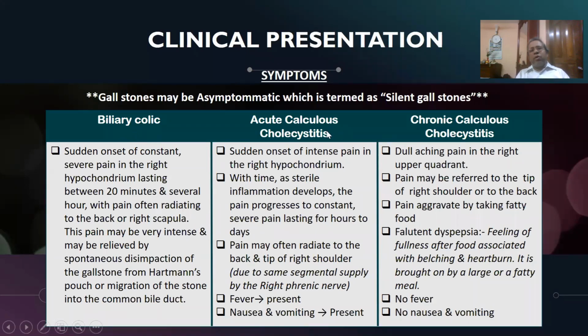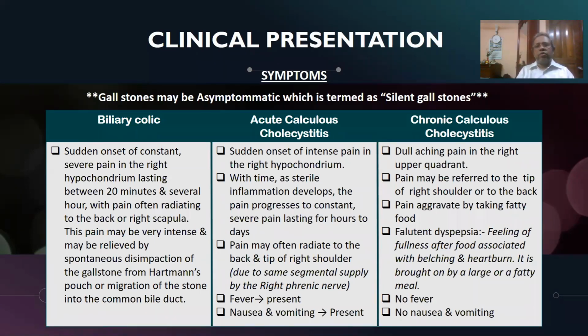And another thing is acute calculous cholecystitis. That means infection is there, associated with distension, inflammation, the gallbladder is distended, exudation, adhesion of the surrounding structures, and along with that, systemic symptoms like fever, etc. Then it is called acute cholecystitis.